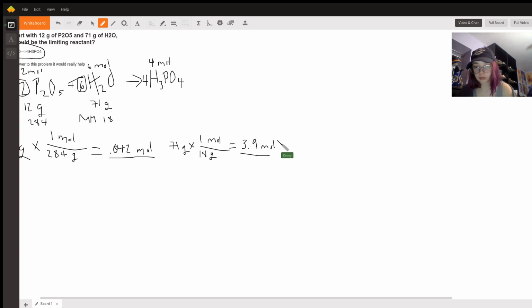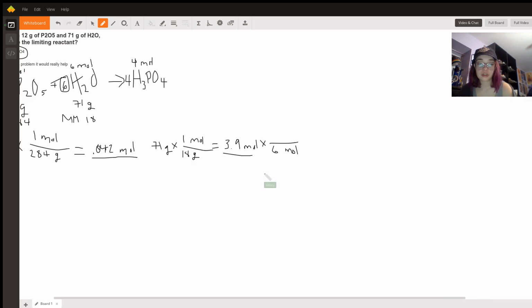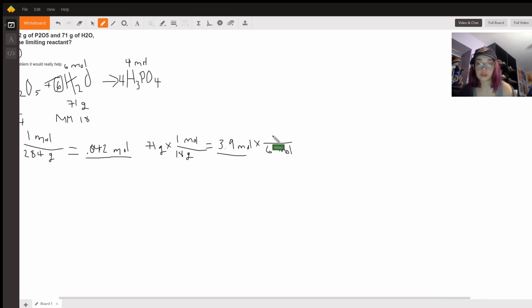This is pretty similar to the unit conversions that we just did, where you multiply by a factor of 6 moles H2O to 2 moles P2O5.